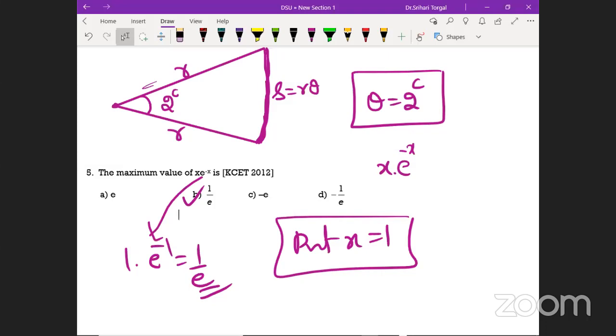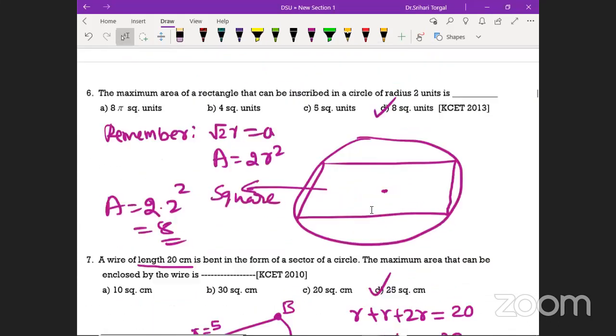Any doubt? Otherwise, you have to go for differentiation and simplification. Whenever you have exponential with algebraic like this, there is no minimum value. Someone is asking what the minimum value is. You will get no minimum value for this. Next.